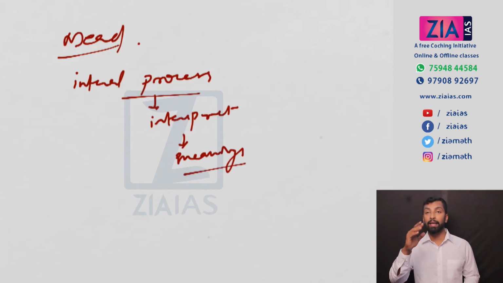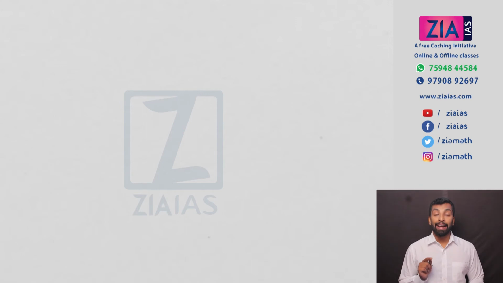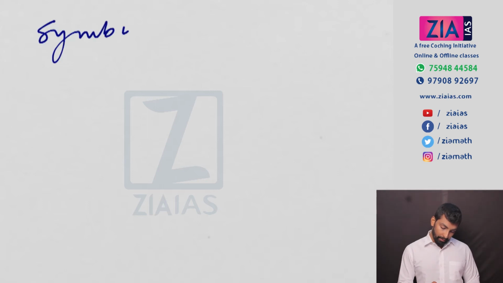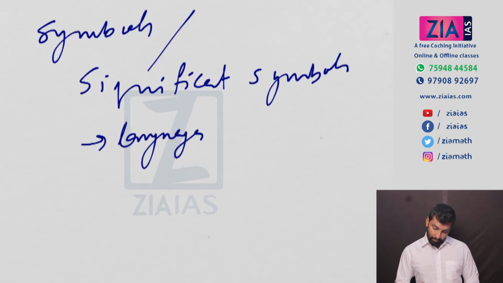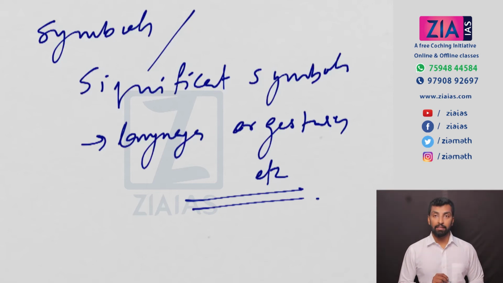Further, he said these meanings are modified and reinforced through the process of social interaction, and the interaction is through symbols. According to Mead, interactions are possible only through symbols, and he called them significant symbols, like languages and gestures.